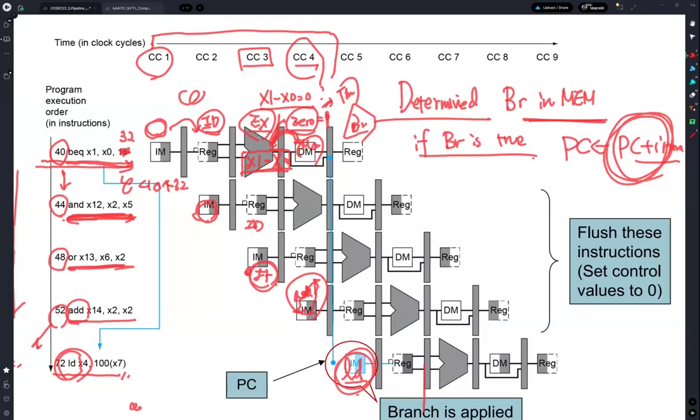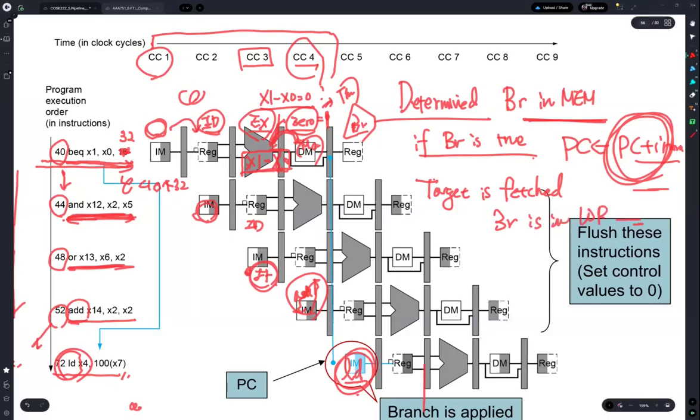So the target of the branch instruction is fetched, and the branch instruction is in the write back stage, right?